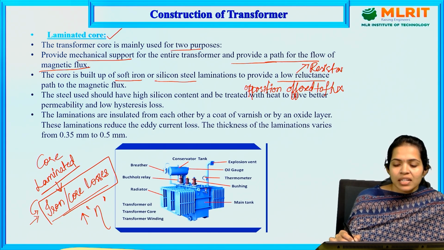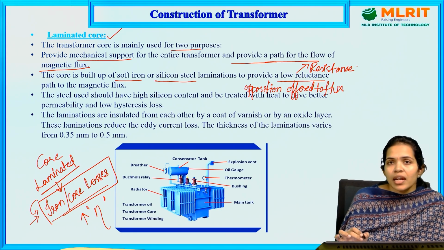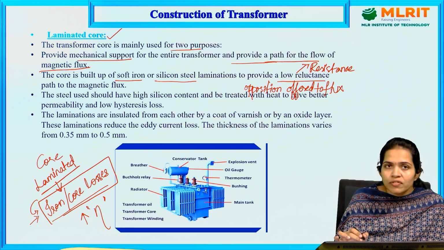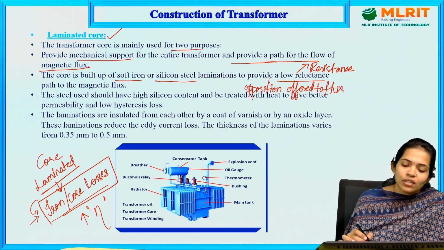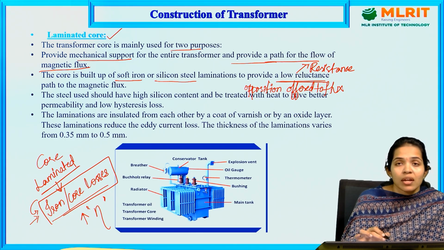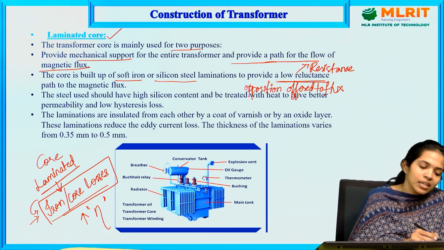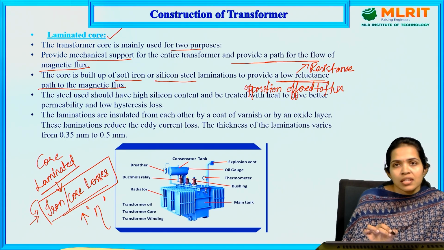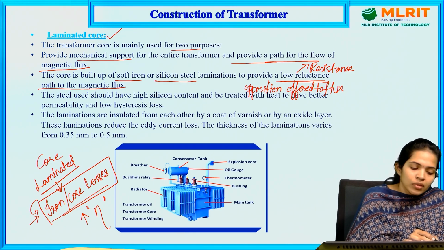So in magnetic systems, we come across reluctance. This magnetic core should have a very low reluctance value, so that there is a smooth flow of magnetic flux in this magnetic core.